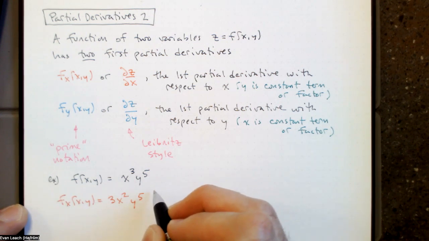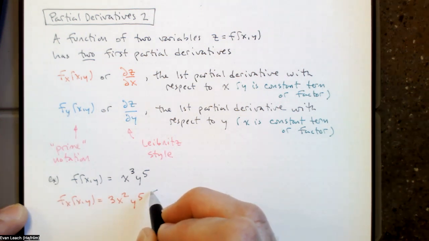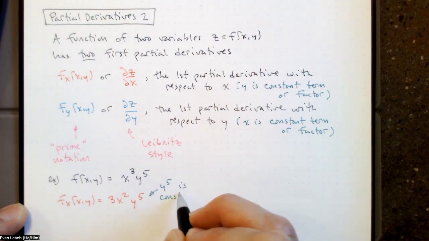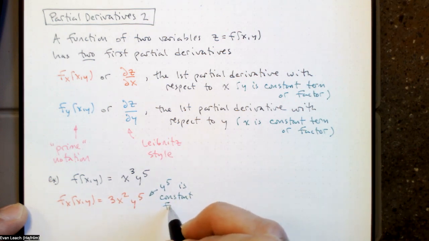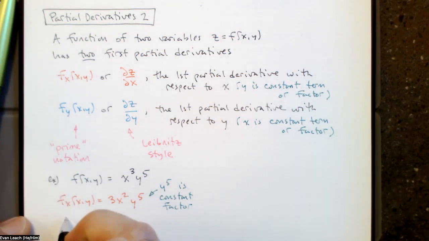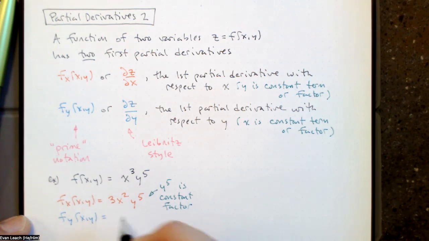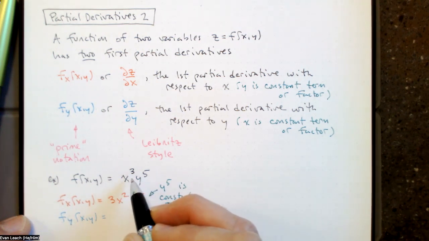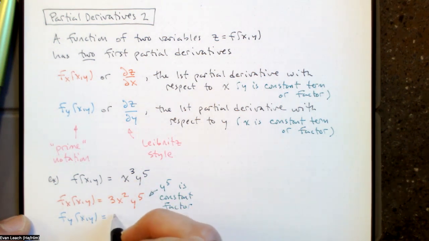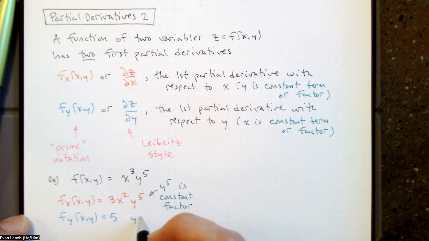So in this one, we're looking at y to the fifth as a constant factor. We want the partial with respect to y. x to the third is the constant factor. So the derivative of y to the fifth is 5y to the fourth, and x to the third is a constant factor.